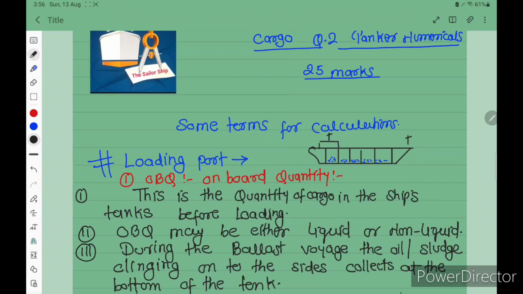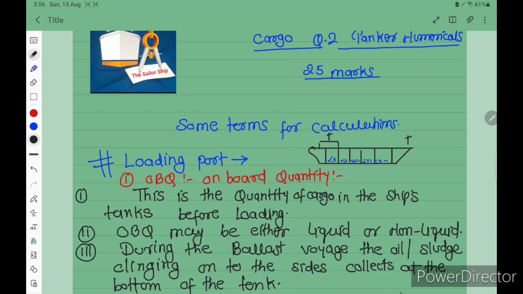the surveyor will come and check all the tanks, and they find the OBQ, meaning after discharging your cargo, when you transit and you come to the load port, because of some vibration, pounding, the remaining crude oil or sludge, remaining oil will deposit on the top of the tanks, so it will become OBQ.